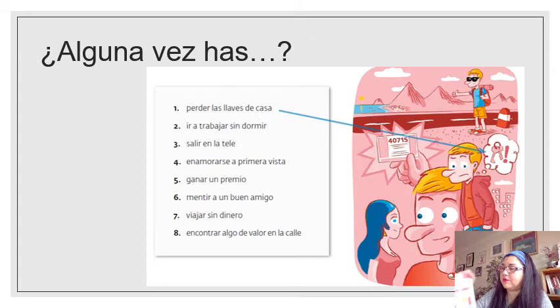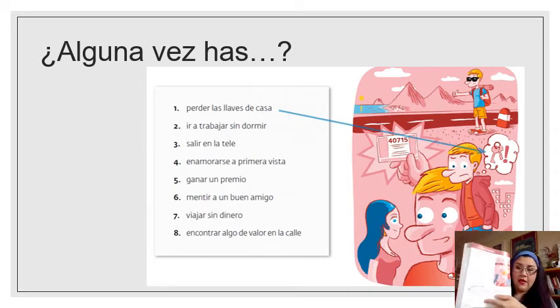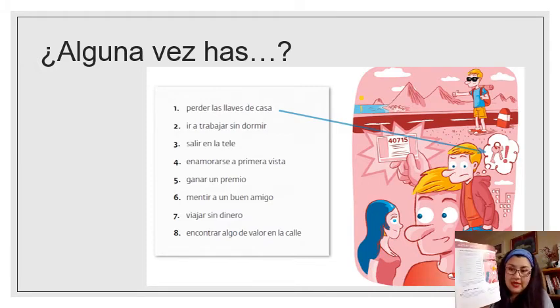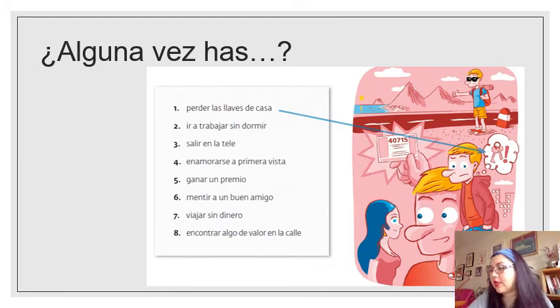I'll go back to those in the next session. On page 114, en la página 114 de tu libro, we're going to practice now, ¿alguna vez has...? So there are 8 different sentences using 8 different verbs.